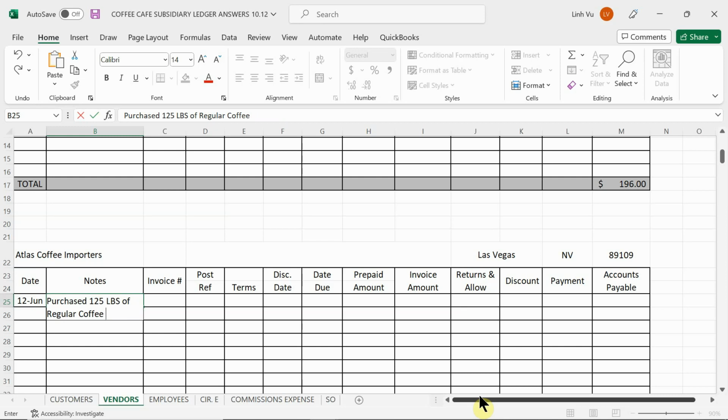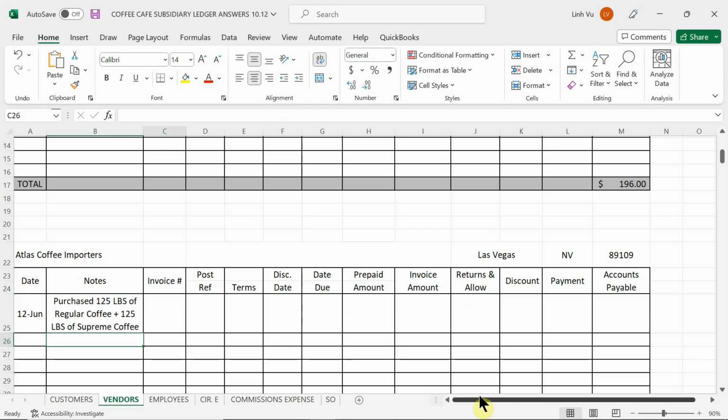I'm just going to do purchase 125 pounds of regular coffee plus 125 pounds of supreme coffee. And that should be good enough. Invoice is going to be invoice number 315. Post reference, once again, General Journal page 4.